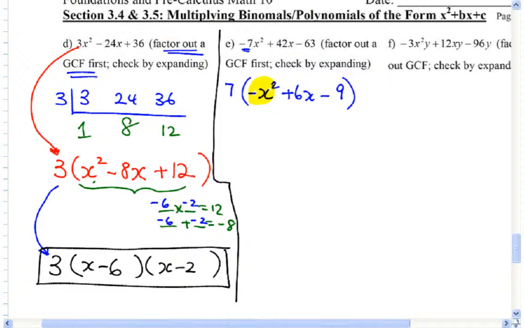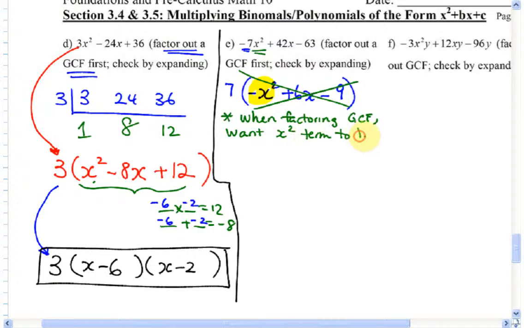So that's why my suggestion to you is whenever you can, always try to keep the x squared term as a positive. Okay? So in order to keep this positive, what should I factor out? Not 7, but -7. Okay? So here's a little note: when factoring GCF, and please write this down, you want the x squared term to be positive.